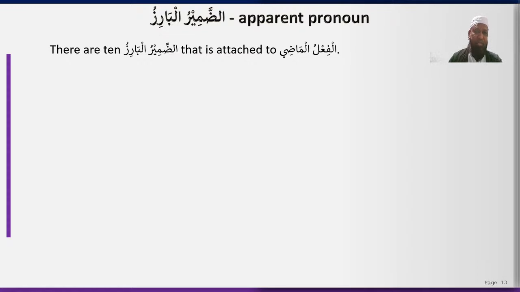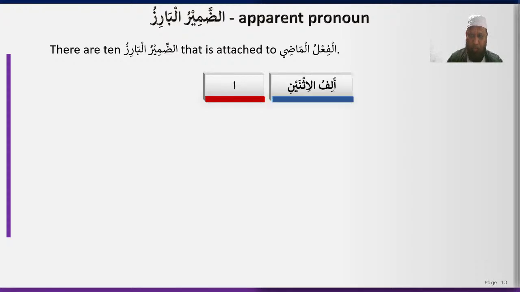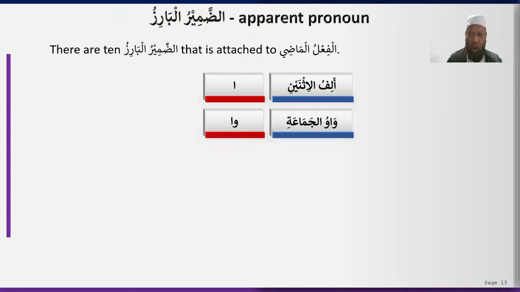There are 10 damir al-bariz that are attached to al-fa'il al-madi. Number one is alif. It is called aliful ithnain. Number two, waw. It is called wawul jama'a.